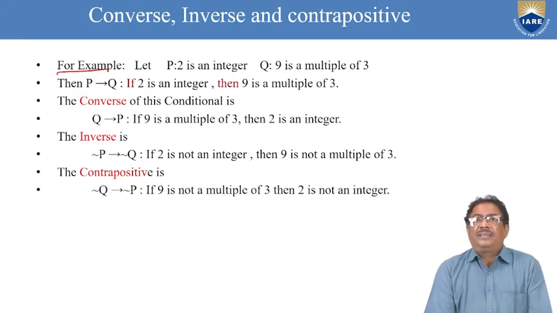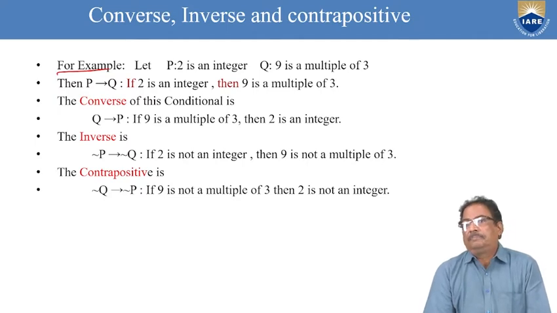Then the inverse of the conditional is: if negation of P, then negation of Q. Negation of P means 2 is not an integer, so: if 2 is not an integer, then 9 is not a multiple of 3.